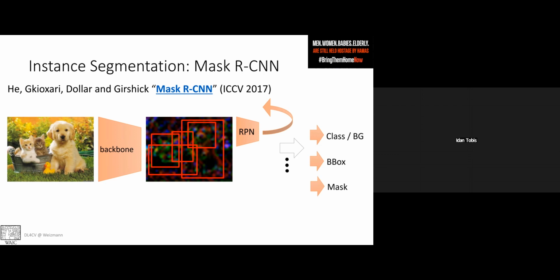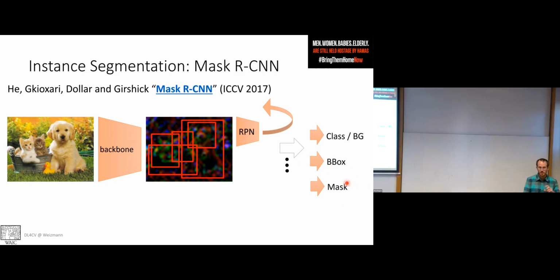But now we can add a third prediction head for each box and do a semantic segmentation within that region. Because in each region, we only have one instance of the object. So we can apply the segmentation methods that we learned.